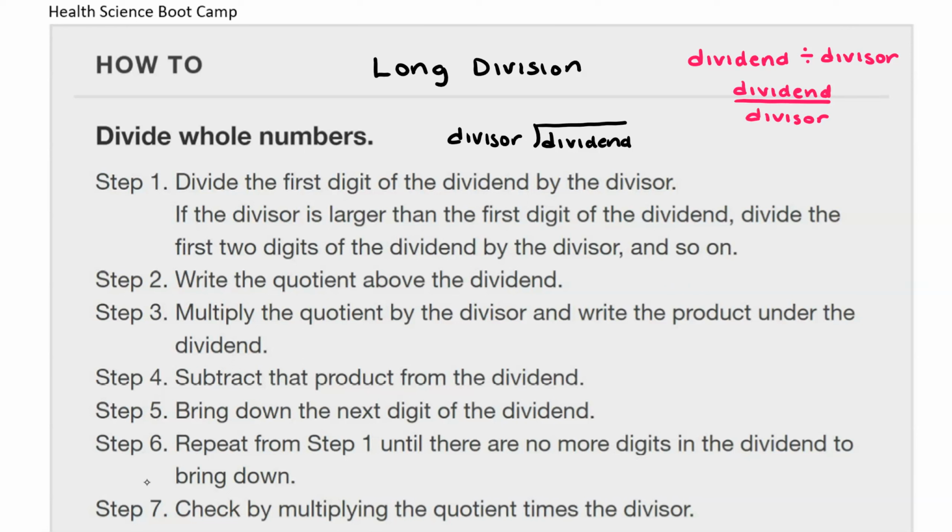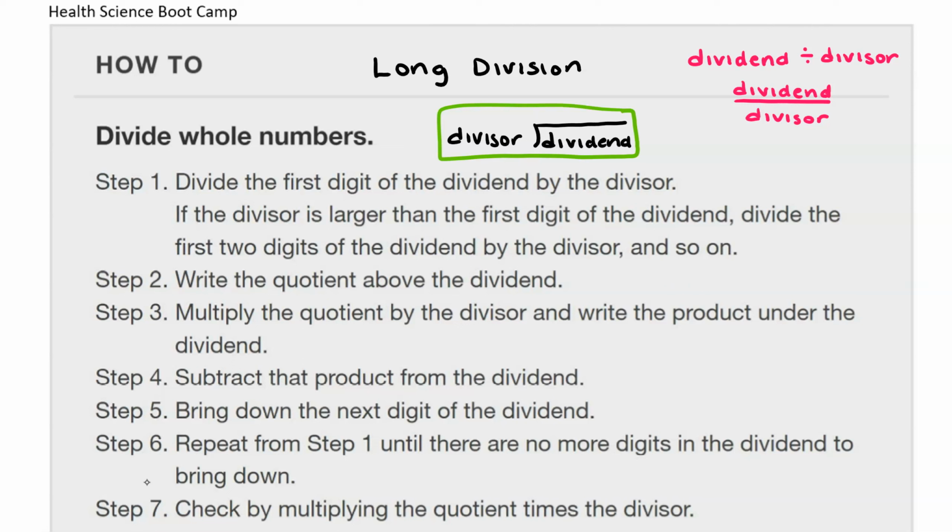Okay, so we're going to be using this long division notation here. And what we'll do is we'll divide the first digit of the dividend by the divisor. And if the divisor is larger than the first digit of the dividend, then we'll use the first 2 digits or the first 3 digits or the first 4 digits, however large we need to take.